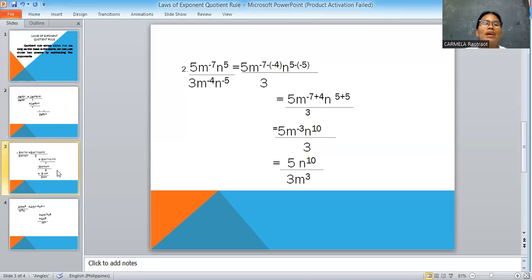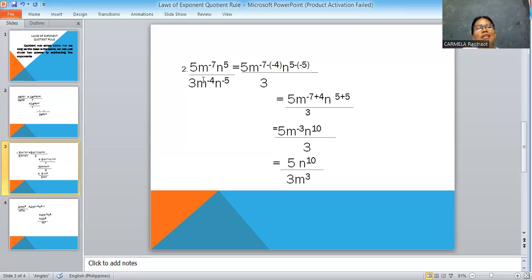5m raised to the power of negative 7, n raised to the power of 5 over 3m raised to the power of negative 4, and n raised to the power of negative 5. Here again, the first thing that you are going to do is check the constants or the numerical coefficients, if they can be simplified. 5 divided by 3, can they have a common factor? No, so we will just leave them.